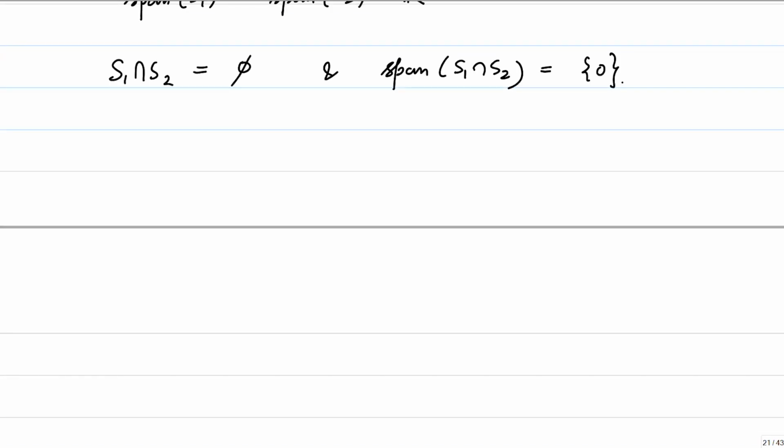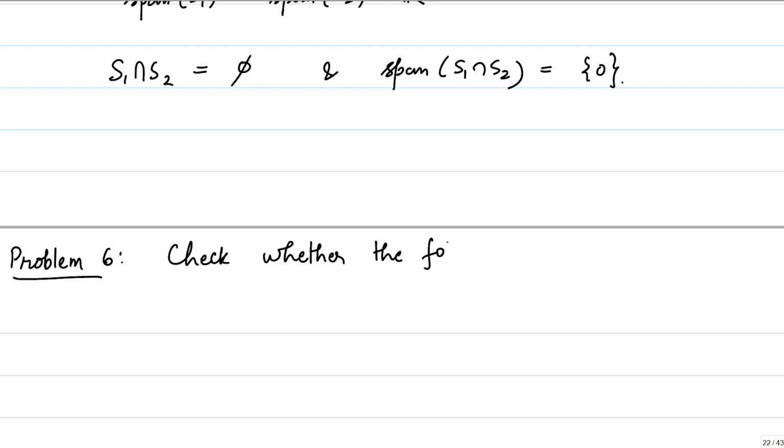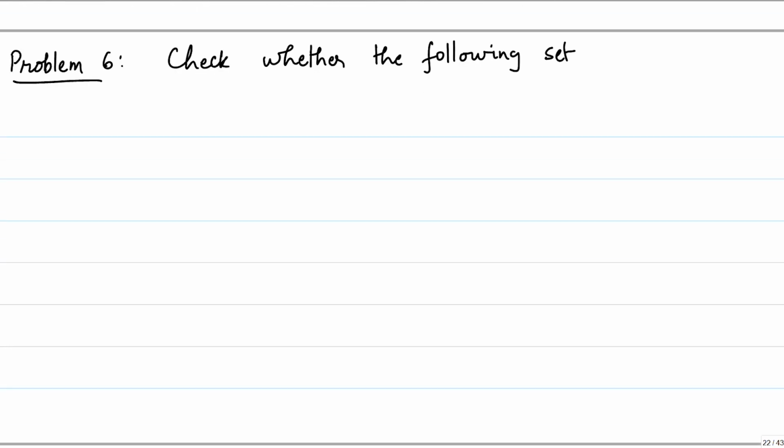Okay, the next problem demands that we check whether a particular set is linearly independent or not. So problem 6. Check whether the following set is linearly dependent.